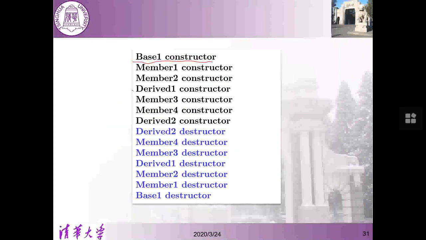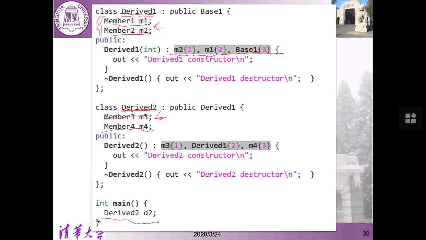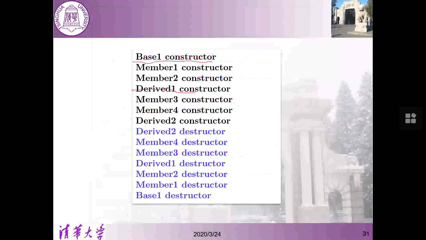When derived 1 is constructed, then we will construct member 3 and member 4, and then derived 2, right? Member 3, member 4, derived 2. Then all these objects will be constructed.